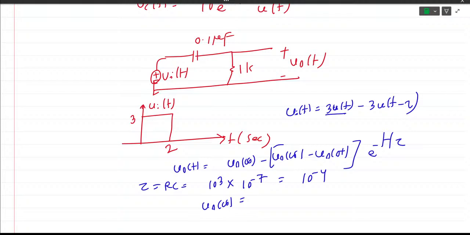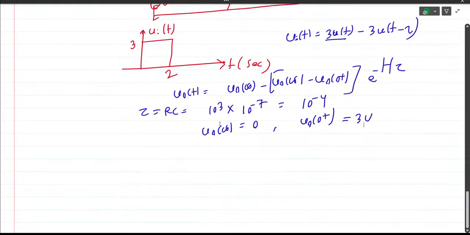So if the input is kept at 3 volt, v0(infinity) will be 0, because the capacitor will be fully charged. And v0(0+): whenever you apply this 3 volt, the capacitor will act as a short because there is no initial charge, so all of the voltage will appear across the 1 kilo ohm resistor, which is 3 volt.